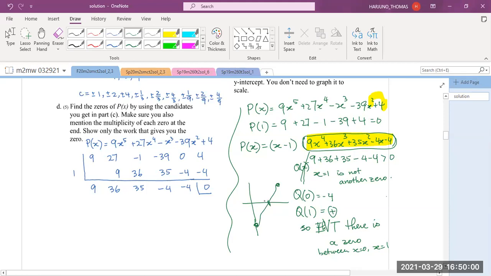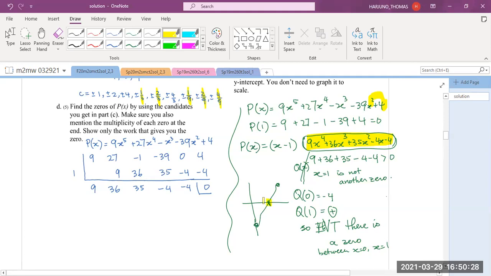Right? Now you look back at your candidates: which rational numbers are between 0 and 1? 1/3, 2/3, 1/9, 2/9, 4/9. Is it right? Between 0 and 1, we have a 0 from the intermediate value theorem.